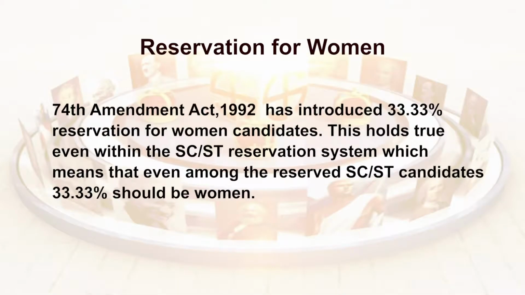The 74th Amendment Act has introduced a 33 1/3% reservation for women candidates, and this holds true even within the scheduled caste reservation system and scheduled tribe reservation system, which means that even among the reserved scheduled caste candidates, 33 1/3% should be women, and the same goes for the scheduled tribes.